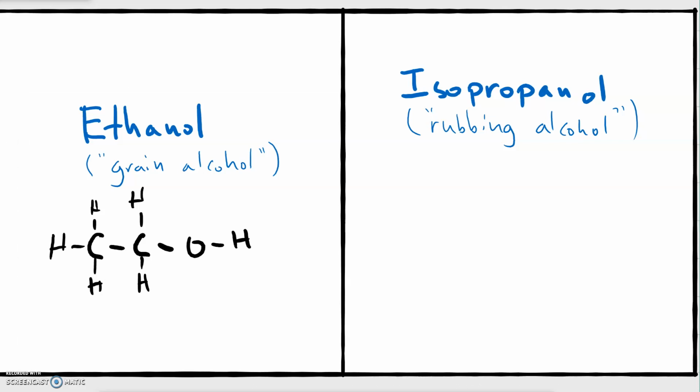All right. Isopropanol, called rubbing alcohol, is the other alcohol that's often used for disinfection, and it has a similar but slightly different structure.